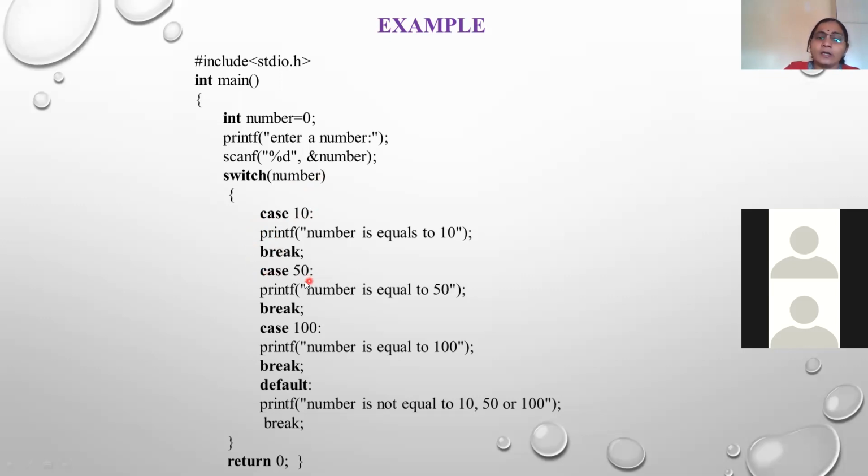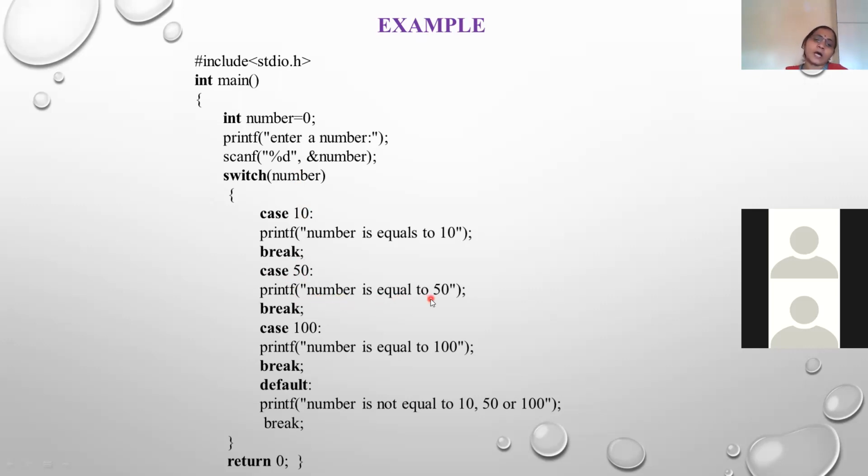No. There is no match found, and that's why this complete case block will be skipped, and control directly jumps to the second case. And yes, here the match is found, because number stores the value 50, since we consider that the user entered 50, and that 50 matches this 50. Hence the corresponding statement will be executed, which is printf number is equal to 50.